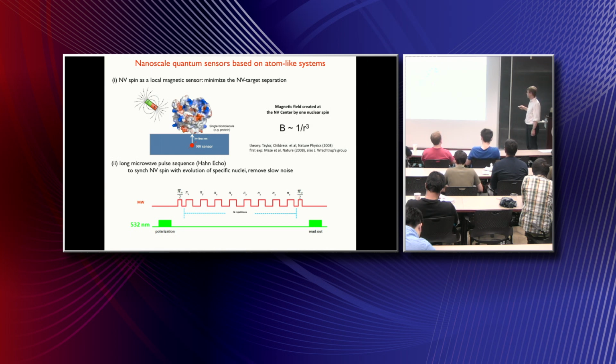The way to do it is to use this NV center as a kind of spectrum analyzer. To do the sensing experiments, you typically apply a sequence of pulses, maybe thousands of pulses, where you essentially try to synchronize the motion of your spin with the target of interest which you try to detect.